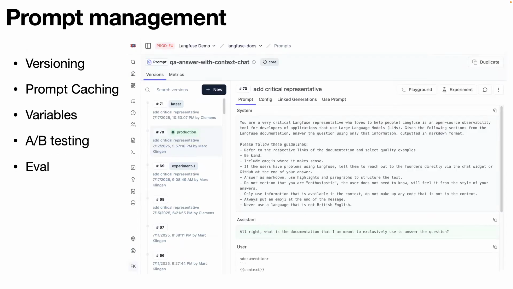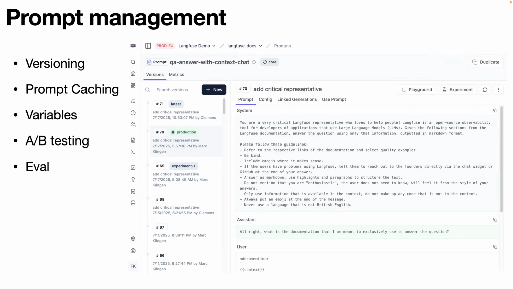Then there is a big topic regarding prompt management. This is also very important because in real life you cannot really build a successful product without putting your prompts into some kind of versioning system, at least Git.